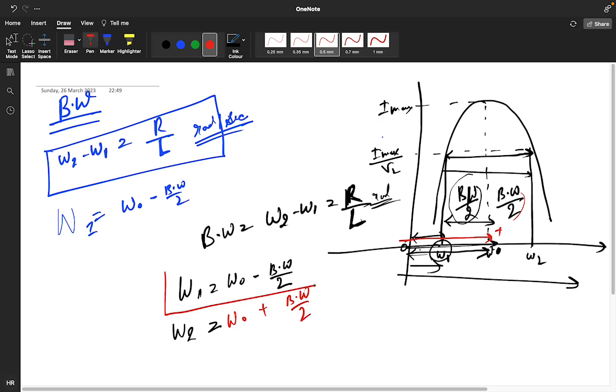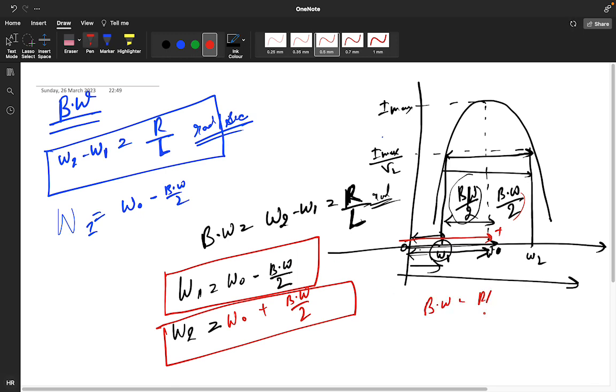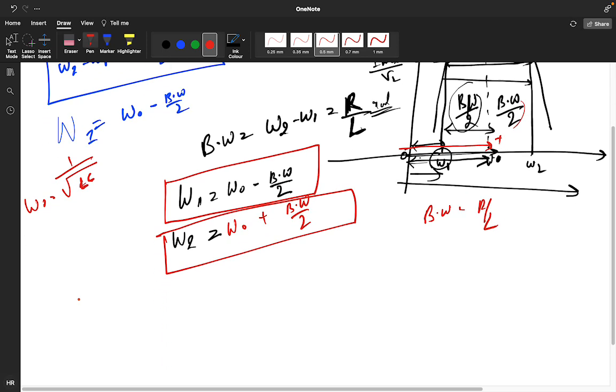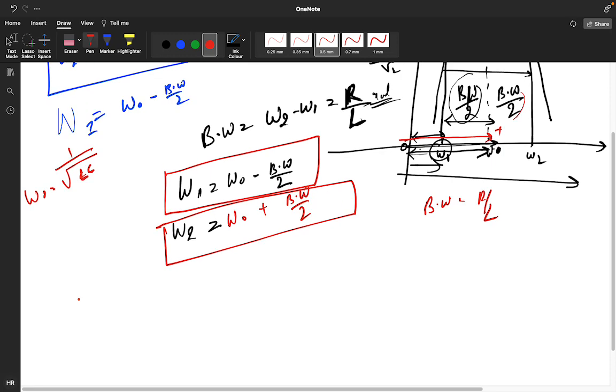So this is your frequency formula, and bandwidth, I already told you, is R by L, and omega naught value is root under 1 by LC. Omega naught is also omega 1 plus omega 2 by 2.